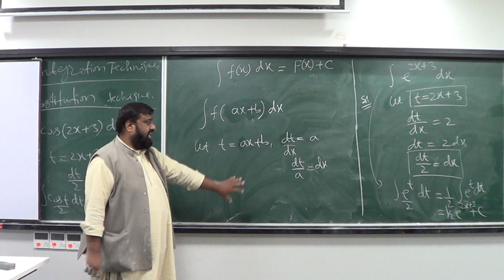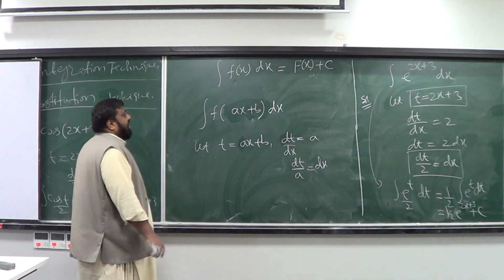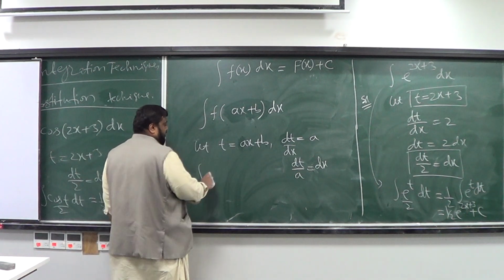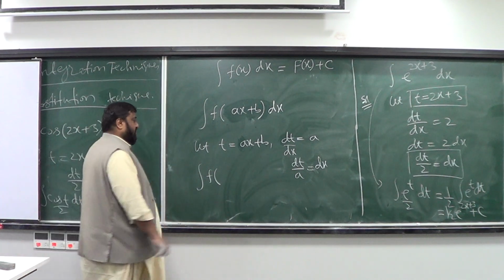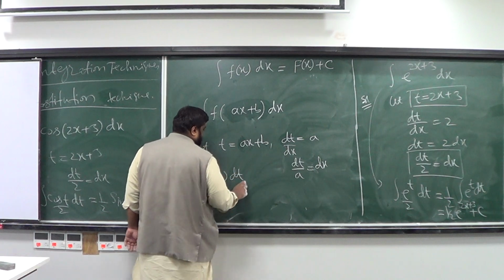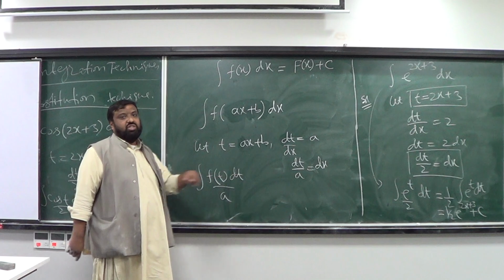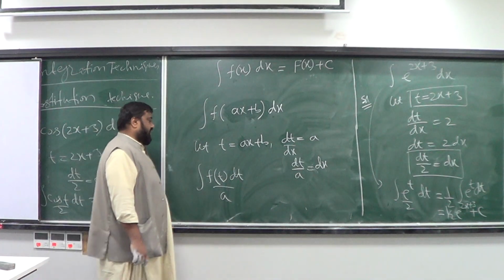I'm saying again and again, this is just for computation purposes. So your integrand will become f of t, and dx will become dt divided by a, where a is the coefficient of x.